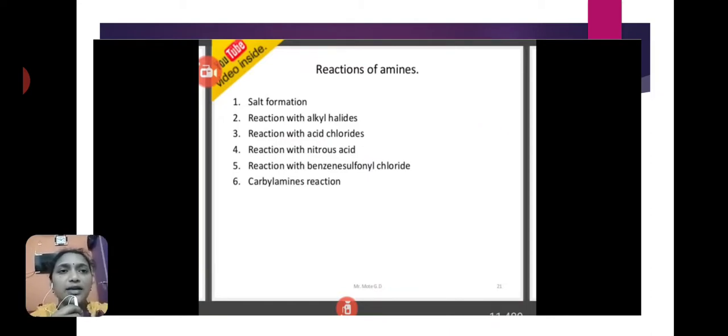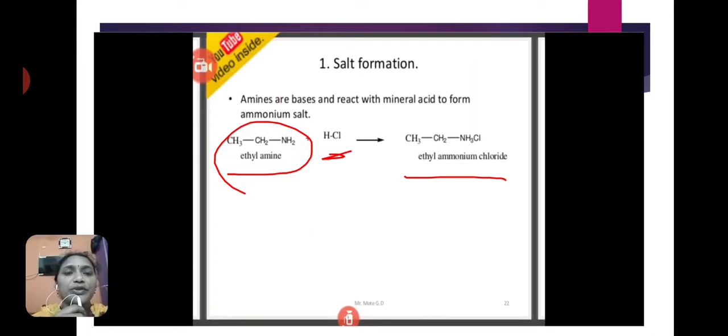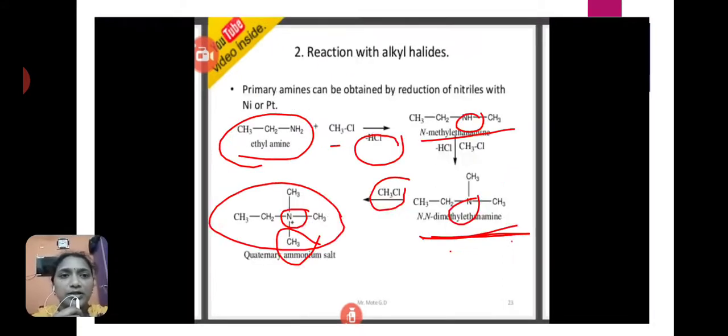And next is the reactions of amines. First reaction is salt formation. When amines react with acids, they form salts. Example, ethanamine reacts with HCl and forms ethylammonium chloride salt. Next is the reaction with alkyl halides.